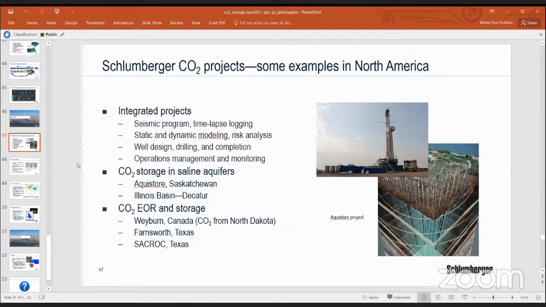These have included CO2 storage in saline aquifers and also enhanced oil recovery and storage. So we've been involved in some very large CO2 injection projects in the US, but also in some very long-running pilots where people have been gaining experience on what actually happens over the longer term.